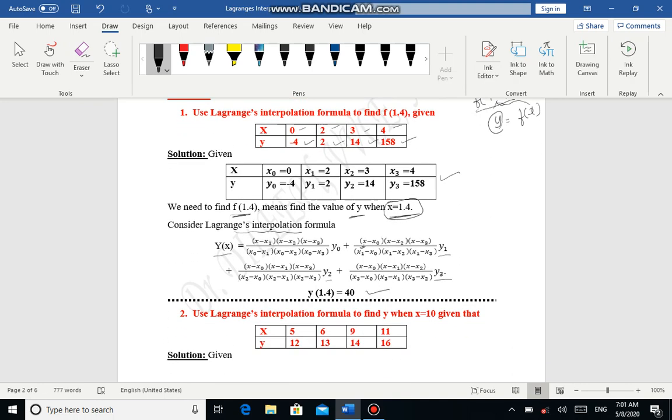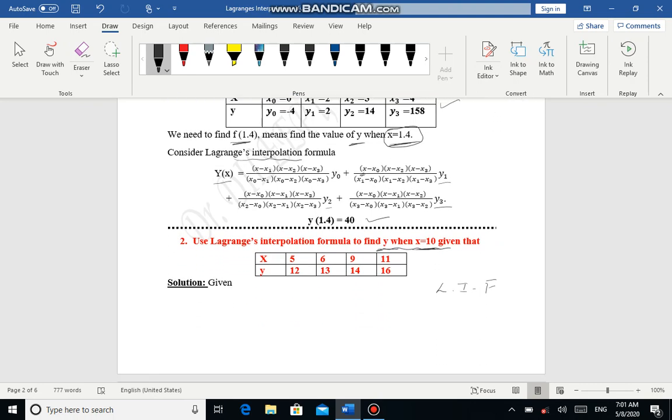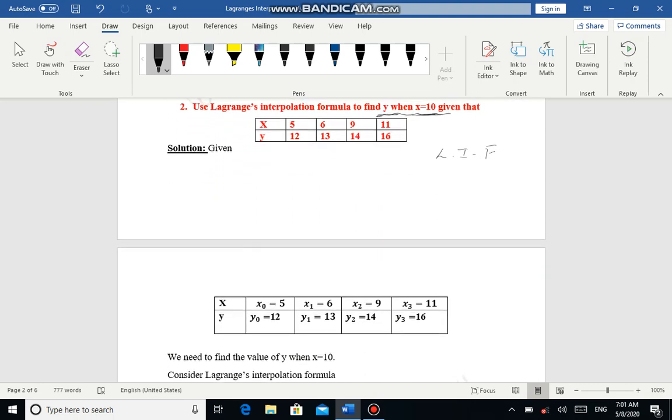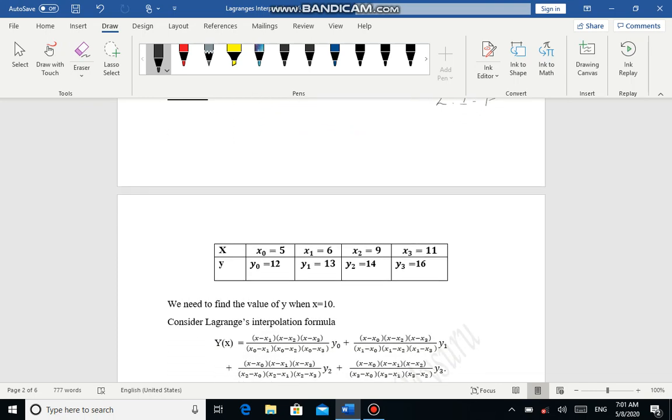Similar to this, observe here. Use Lagrange's interpolation formula to find y when x is equal to 10. Same thing, we are finding y when x is equal to 10. So we need to use Lagrange's interpolation formula. As usual, first consider the given data, denote its values, so x0, x1, x2, x3 and y0, y1, y2, y3, everything. Consider Lagrange's interpolation formula.